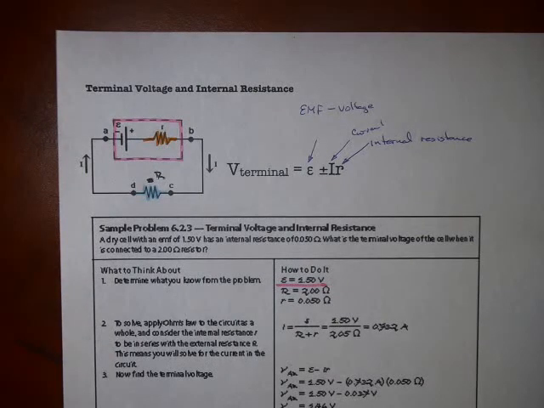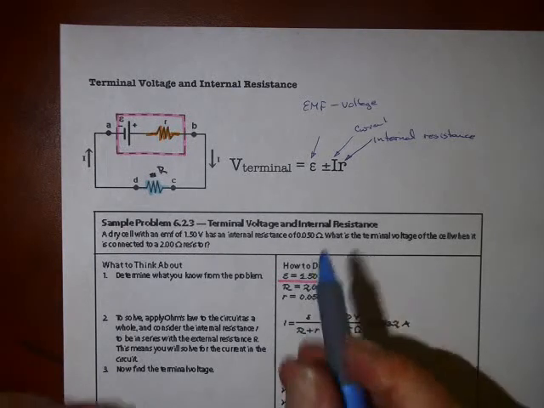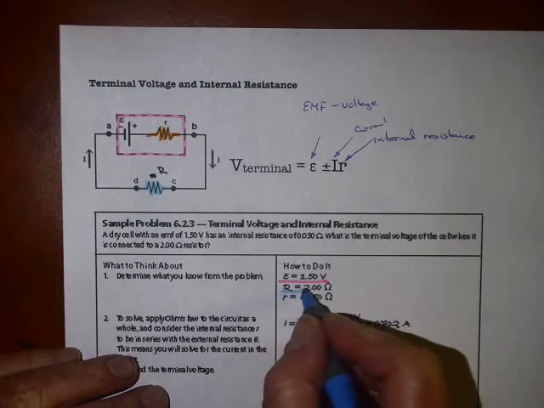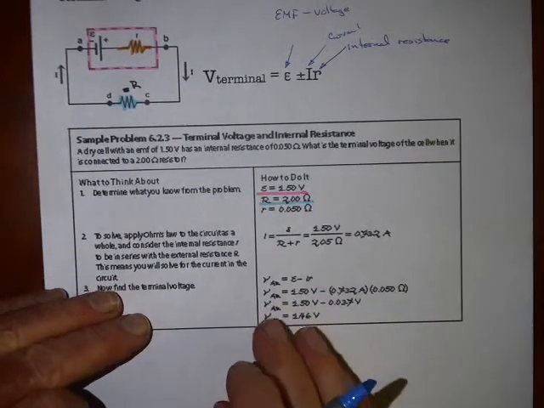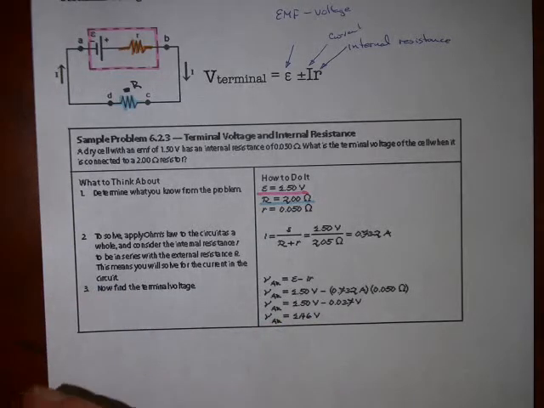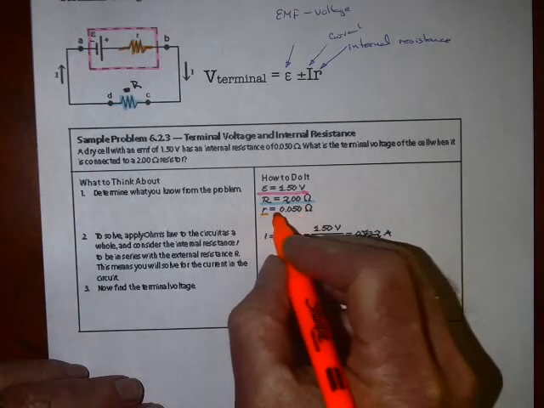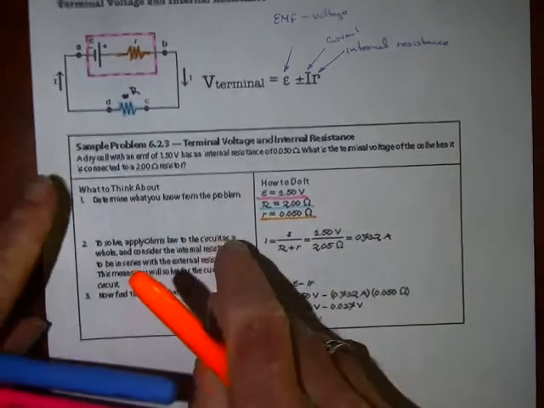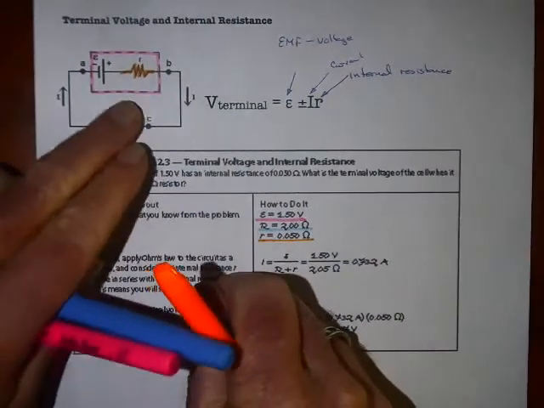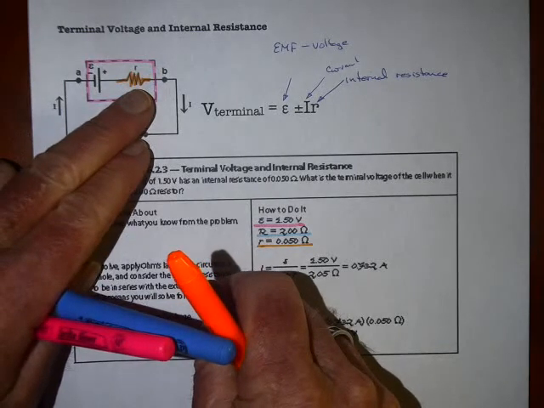This resistor here, the blue one, is given as 2.0 ohms, and the internal resistance is given as this. Now, in order to figure out what the voltage is of the whole thing, you have to start with this and subtract that, and that's the whole idea.